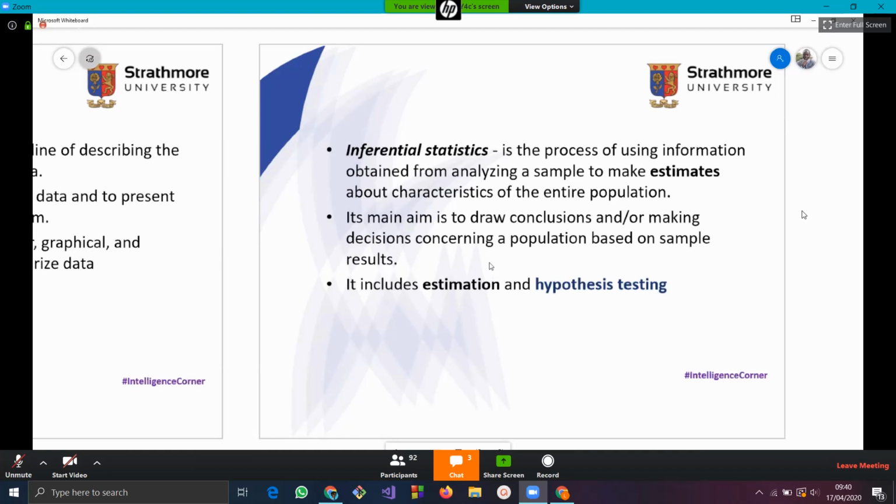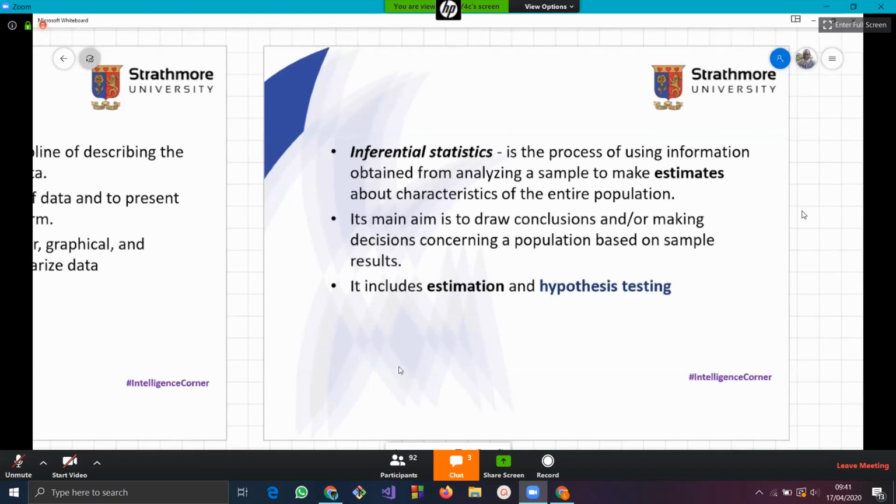So the difference between inferential and descriptive statistics is that descriptive, even from the name, describes data. It tries to summarize data. Inferential statistics, from the word infer, tries to make sense out of the data. It's like more intelligent than descriptive, though that definition is not valid.